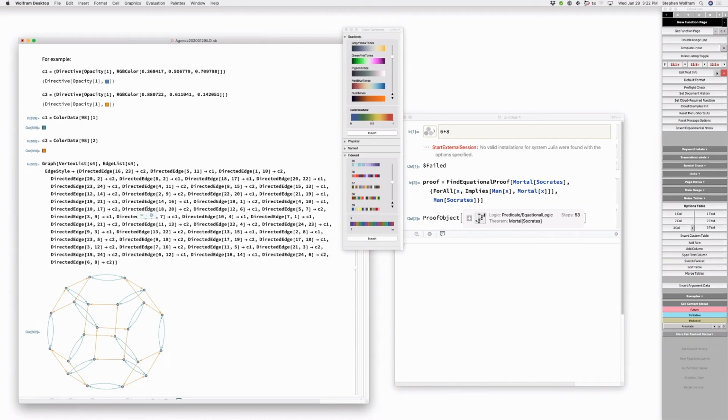Directive. Yes. These C sub I's need to be directives. Yep. What would you recommend? Thick is the easiest one, probably.